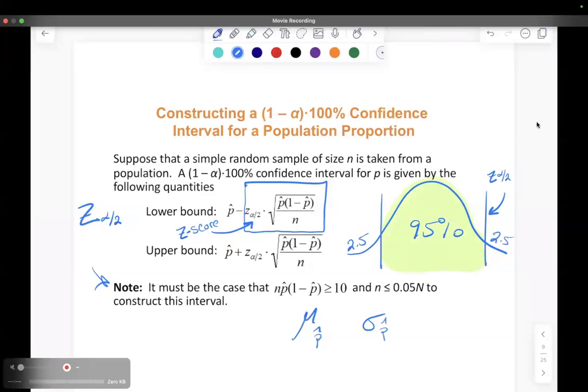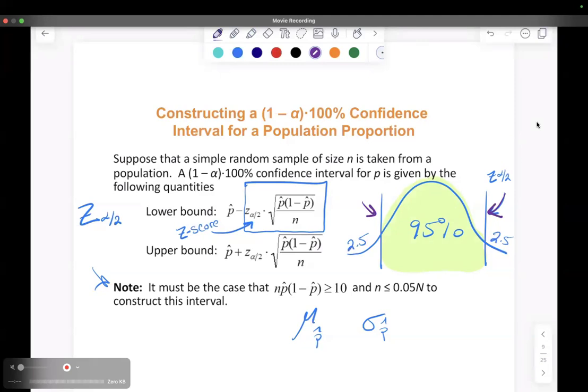So it's the z-score of this spot right here of your boundaries. It's the positive z-score of these boundaries right here. That's what it is. See, but it is the z-score of the boundaries.